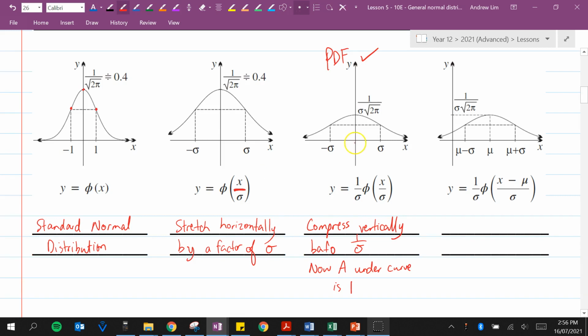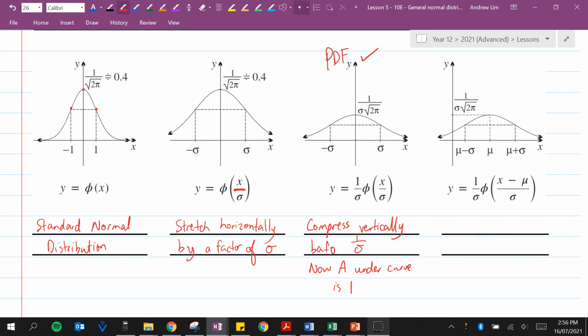Now, what we have here is a general normal distribution, where the standard deviation is just sigma, but the mean is still 0. Practically, in real life scenarios, the mean is not usually 0. Usually the mean is greater than 0.